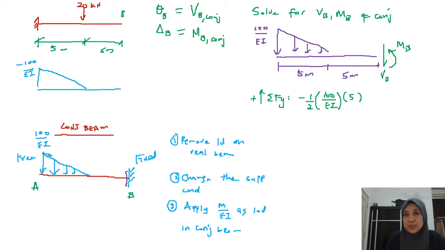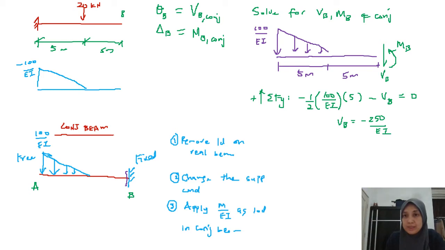This will give you the force, and then minus shear at B, and equate it to 0. You will find shear at B equals, let's double check, should be equal to negative 250 over EI.